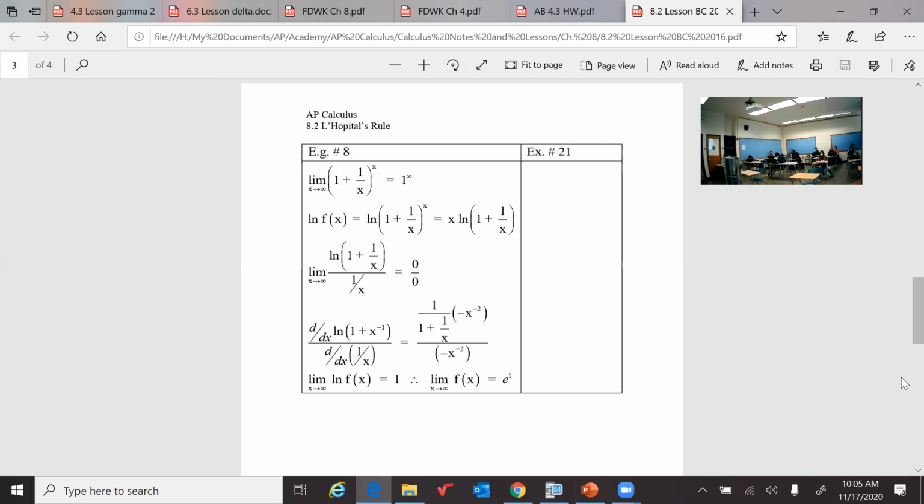So what I have is the natural log of u. What's the derivative? 1 over u du. What's the derivative of 1 over x? That's x to the negative 1. It's negative x to the negative second. So what would happen? These would reduce. Right? You would have this. Now what?